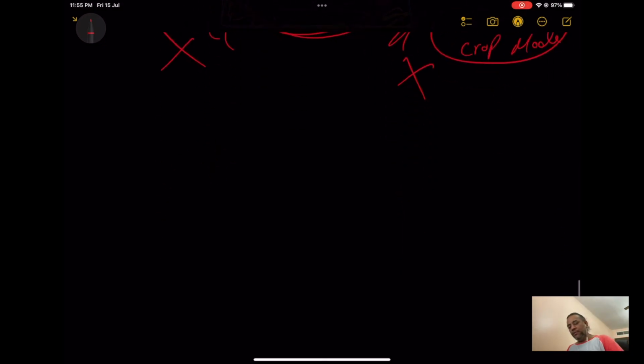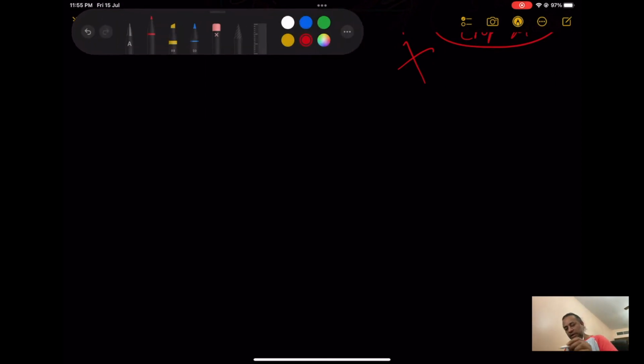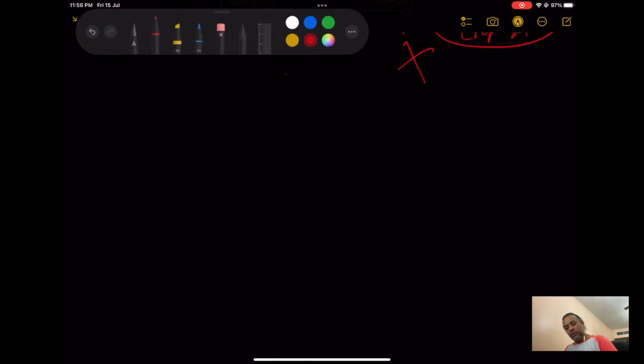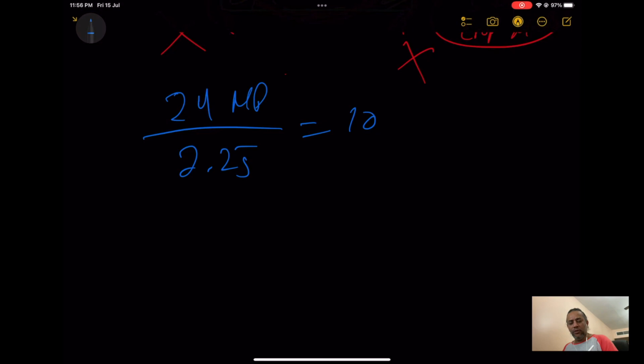Now imagine you are using a 24 megapixel full frame camera. Divided by 2.25, this will give you 10 megapixel approximately. Alright.